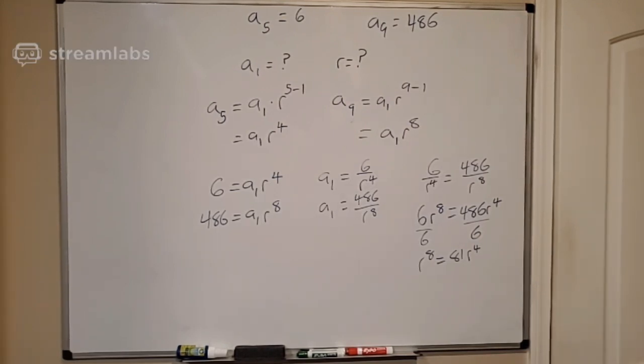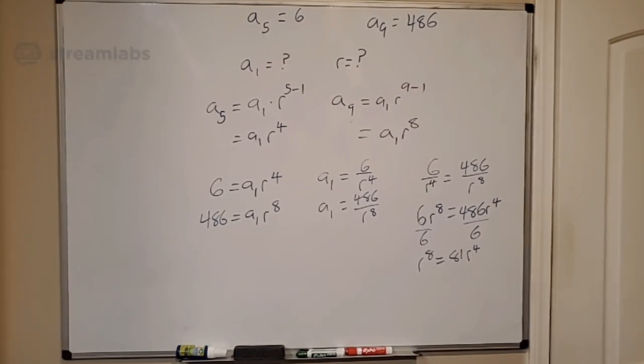So Abby says yes. Anybody else have any thoughts on dividing by r to the 4th? Yes, if you divide by r to the fourth, it would be r to the eighth over r to the fourth.